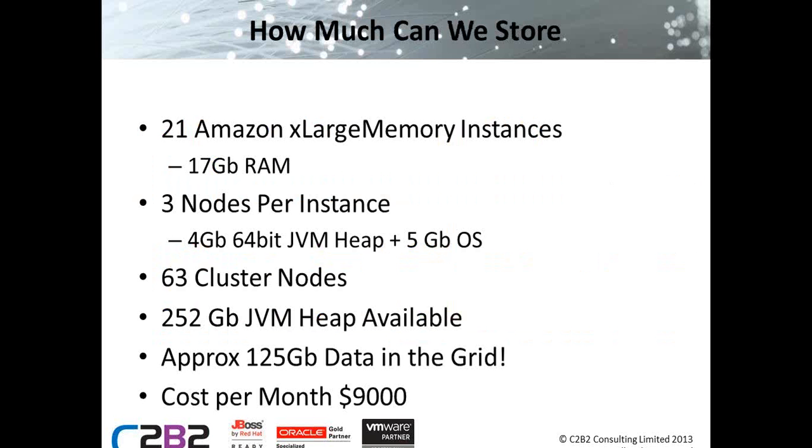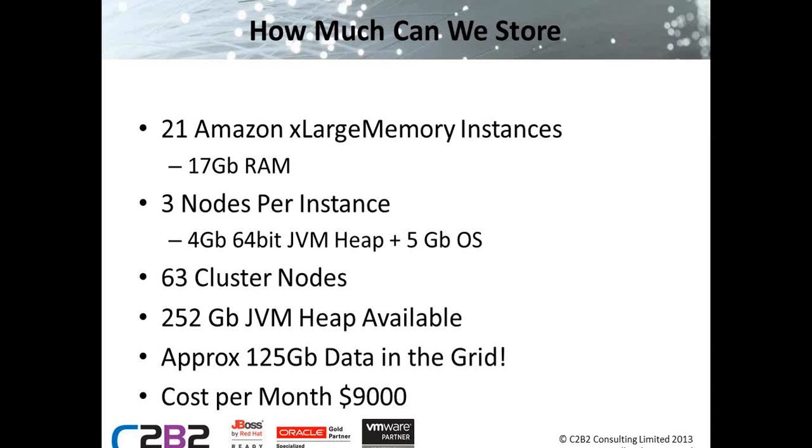So if we were using 21 Amazon extra large memory instances on Amazon AWS in the cloud, and we put 3 Coherence nodes per instance, and we'd run each Coherence node with around 4 gig of 64-bit JVM heap to essentially keep the garbage collection times at a reasonable level.